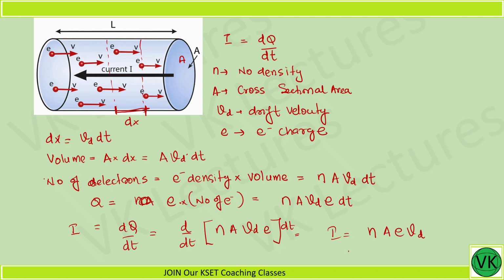Now current density J is equal to I divided by A, so that is equal to n e vd.